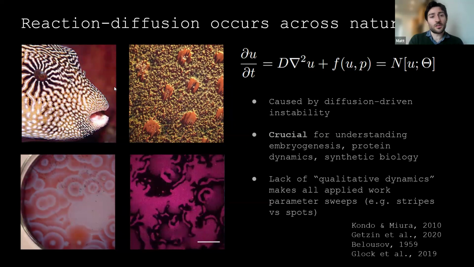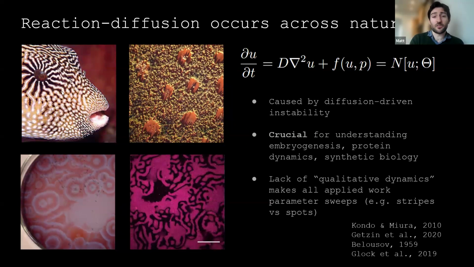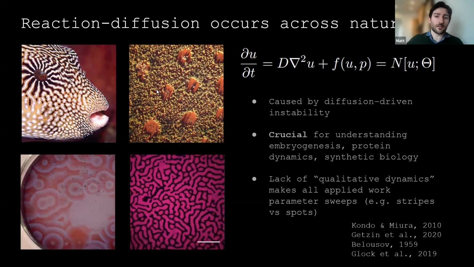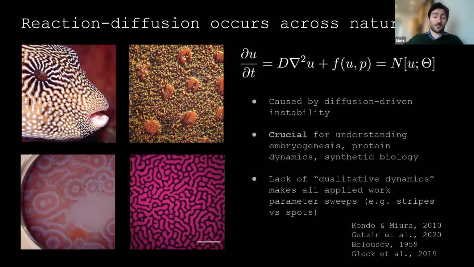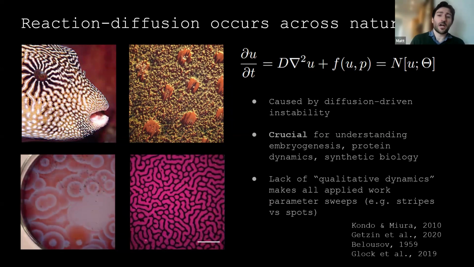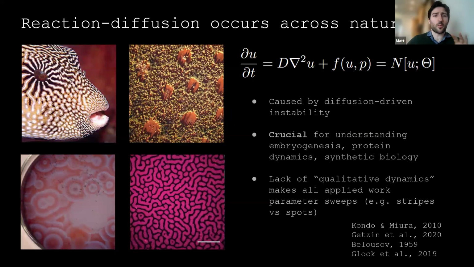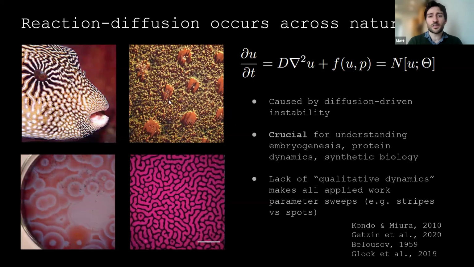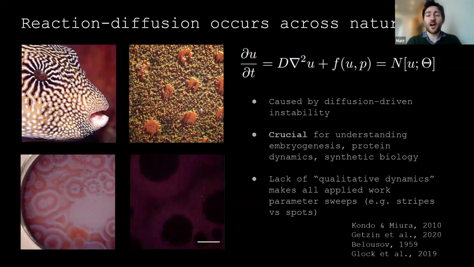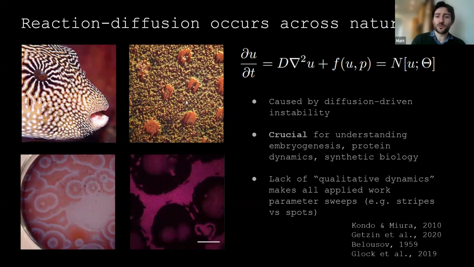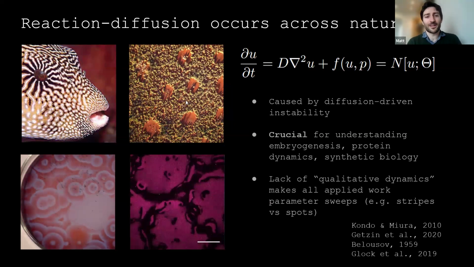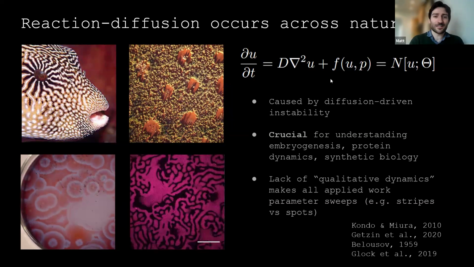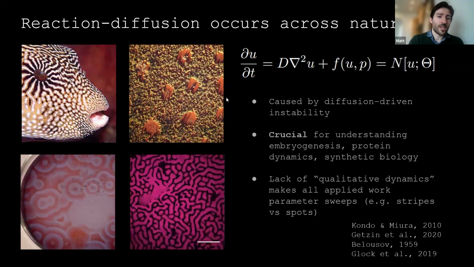In the biological world, it occurs across scale, not just at the level of cellular interaction, but also at the ecological scale. You can see in the formation of plant life and forest arrangement, you get these spatial patterns controlled by similar mechanisms. Here I have an example of the fairy circle, which is a collection of fungi that grow in these spot patterns. People used to think that they were where fairies met at night and danced and played. Now we know it's actually even more amazing than that. It's actually reaction-diffusion dynamics.